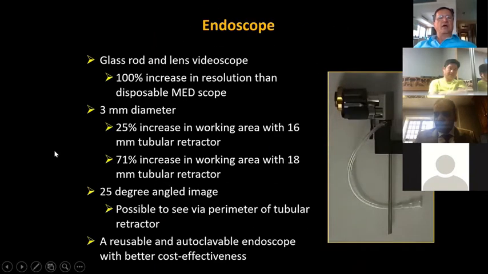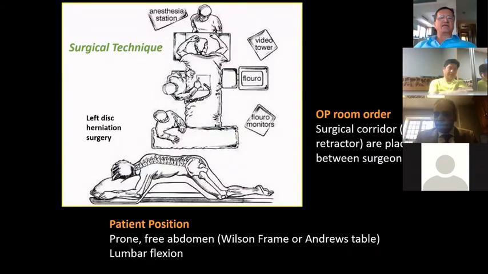I will not give you much detail about it. The patient position is the same. If you are working on the side of the patient, it's better to be on the pathological side, and the fluoroscopy and video monitor must be on the opposite side.